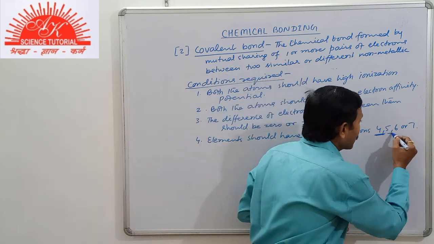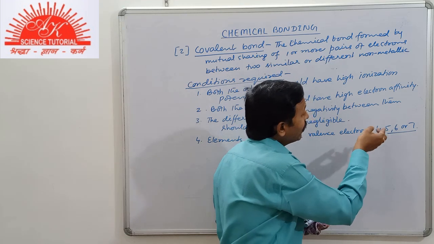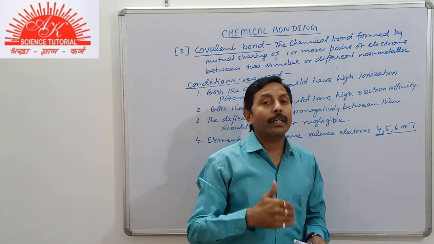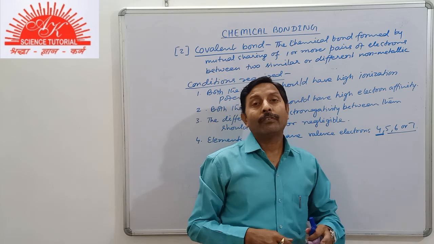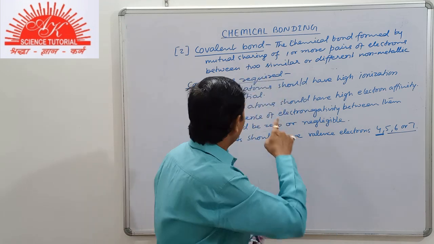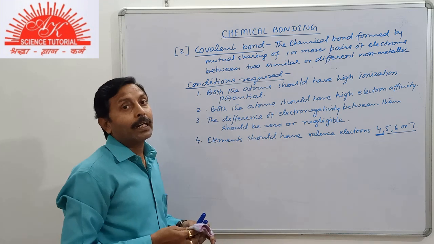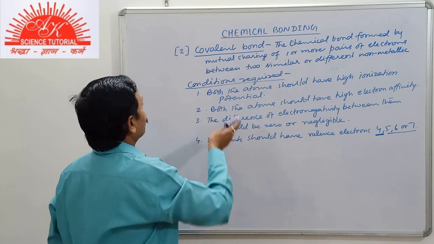Although this is the characteristic of non-metals, the elements having 4 valence electrons can neither lose nor gain electrons. So there will be only the chance of sharing of electrons. So these are the 4 basic requirements, or conditions, for the formation of a covalent bond.